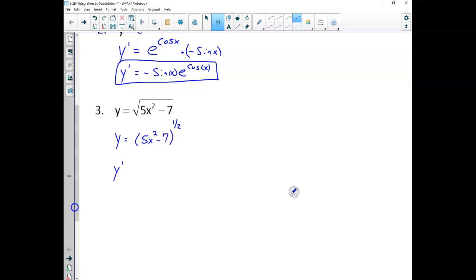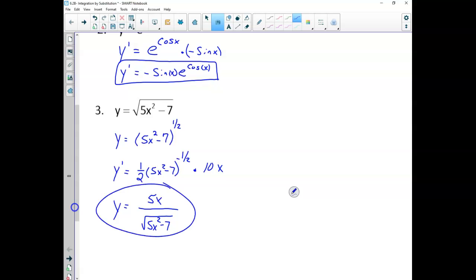So the derivative of something to the 1/2 is 1/2 that something, drop my power by 1 to the negative 1/2, times the derivative of my something, and then I simplify to get basically the square root of 5x squared minus 7, and that would be a 5x in the top, right?